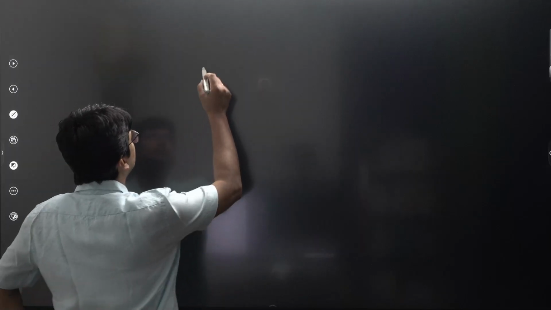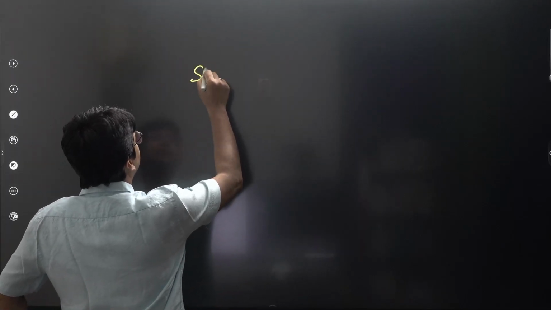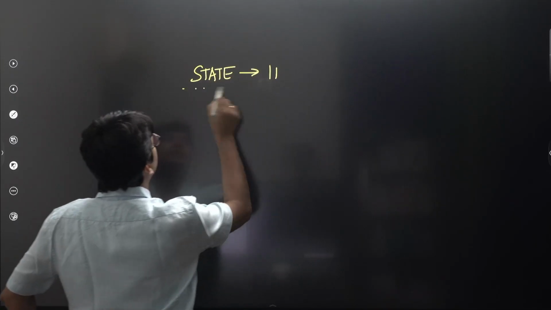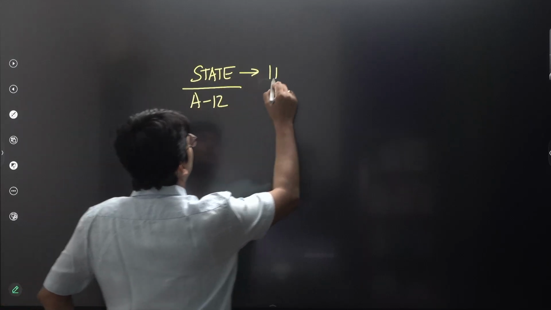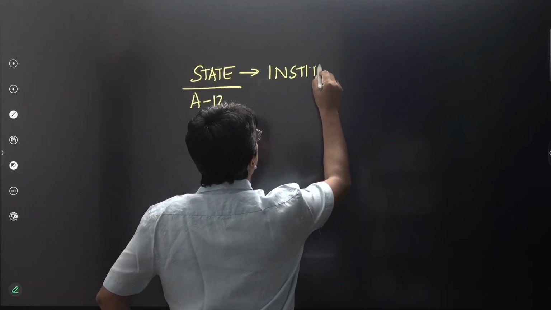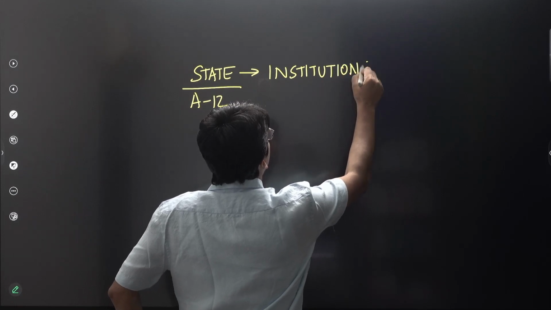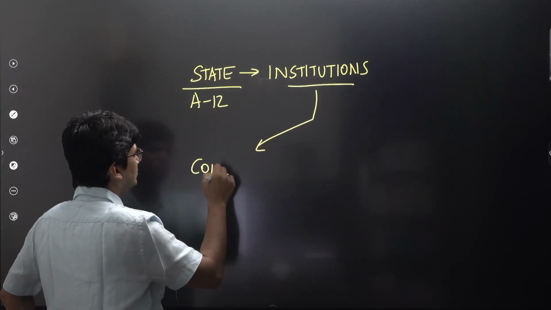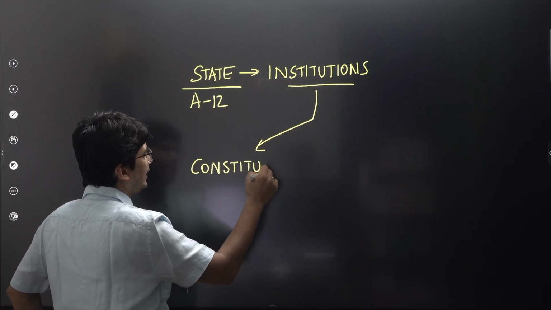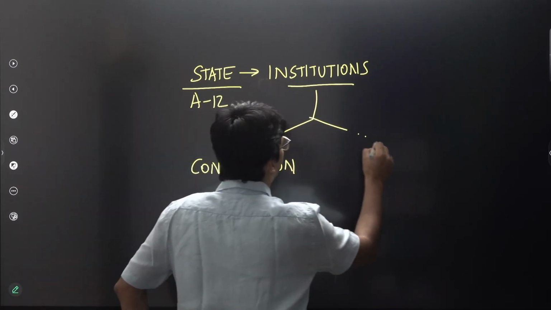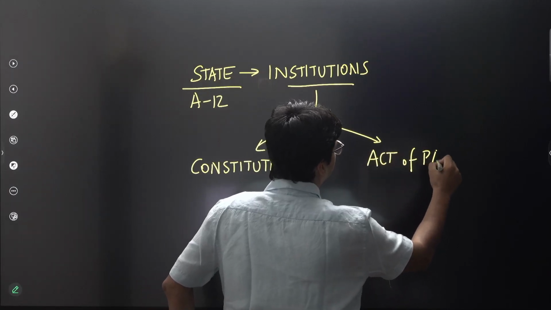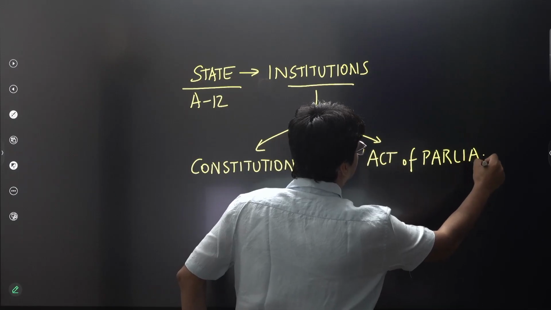Now see, earlier it was understood that state, as in under Article 12, could only be such institutions which are created either under the constitution or through an act of parliament or state legislature.